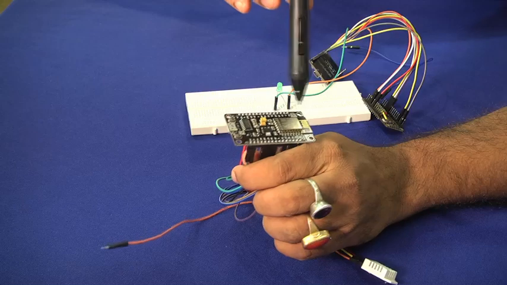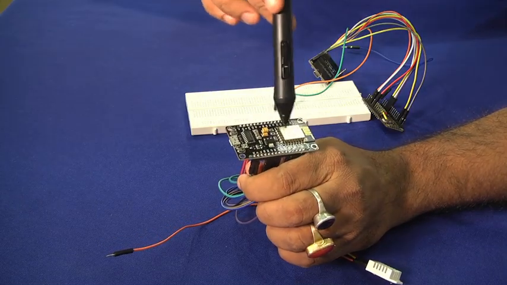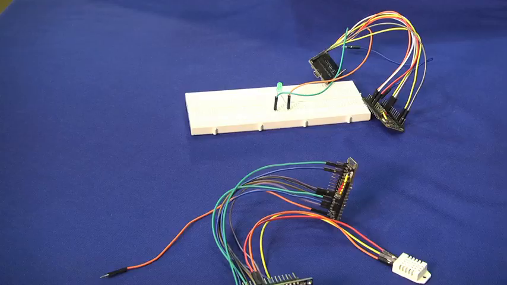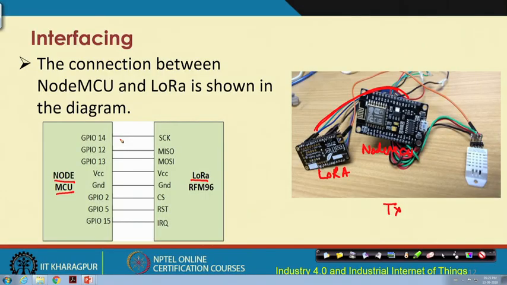With this, the mapping between the GPIO and those numbers will have to be derived. However, for convenience, over here we have shown you which GPIO pin connects to which pin of the LoRa module. So, you can try it out yourselves.